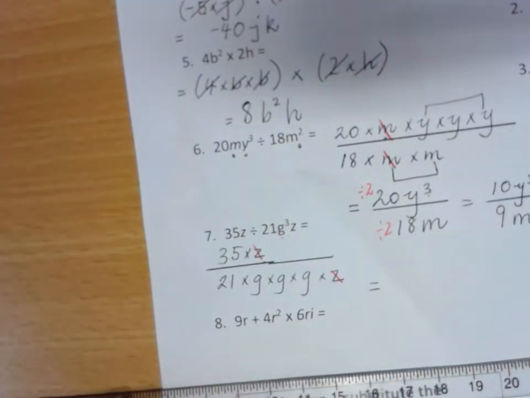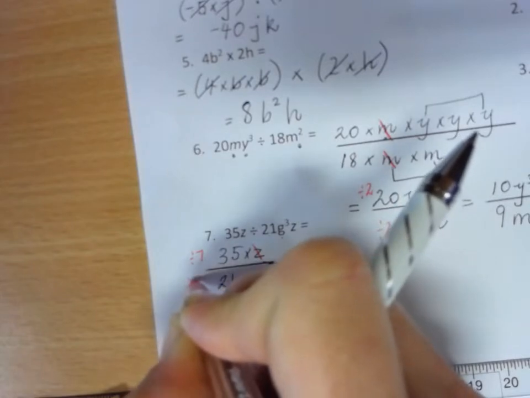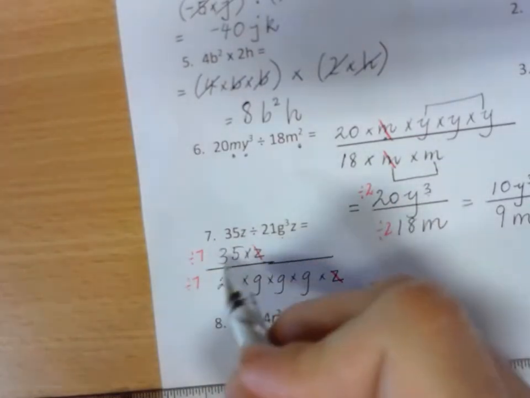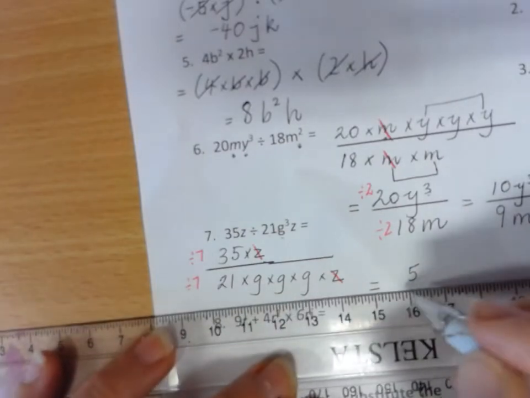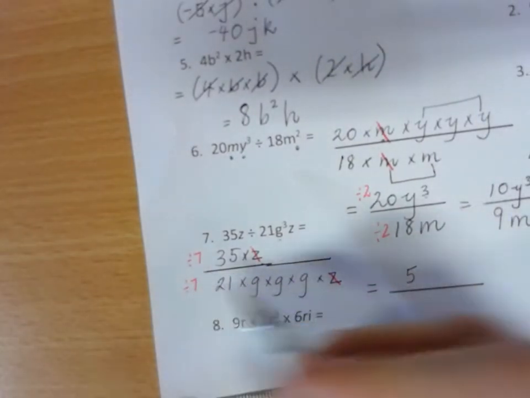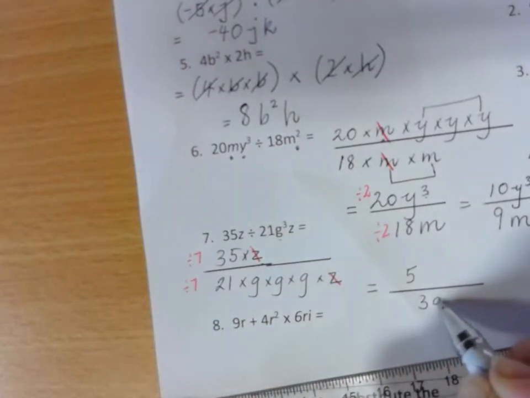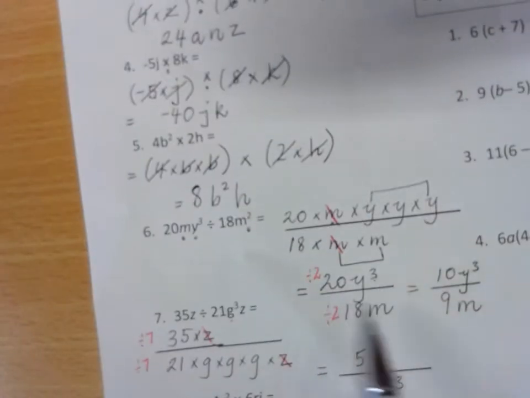Then I'm going to look straight away at my 35 and 21 and recognise that they both can be divided by 7. So 35 divided by 7 gives me 5 in my numerator with no variable. 21 divided by 7 is 3, and g cubed is left over. Okay, so I did miss out a step, but I showed my working there.